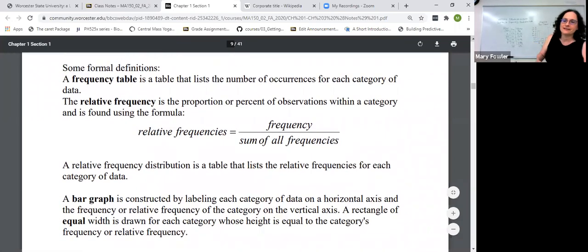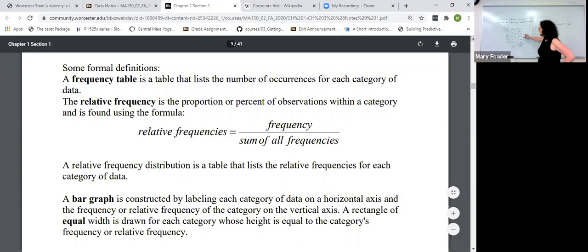And here are the formal definitions, which I said I was saving until we had more fun playing in the data first. So the frequency table is just a table that lists the number of occurrences for each category in the data. And the relative frequency table is the proportion or percent of observations within a category.